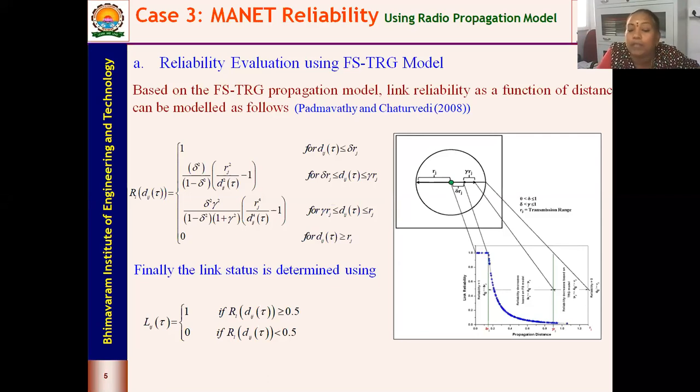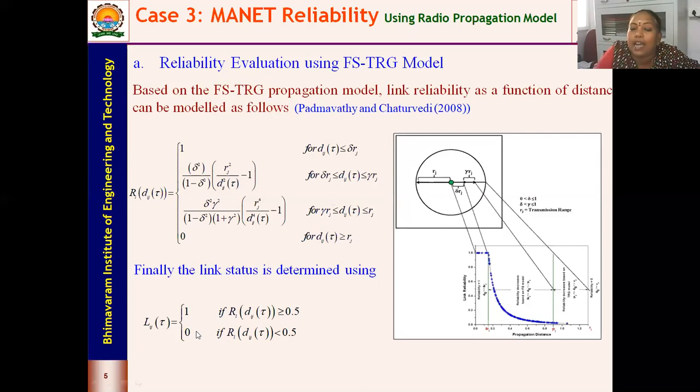So it could be 0.9, it could be 0.8, it could be 0.2, it could be 0.5, etc. So here I am just taking a threshold value, and I am defining that if the link reliability of the particular distance, say the distance between node 1 and node 2 is equal to 0.6, node 1 and node 3 is equal to 0.2, node 1 and node 4 is equal to 0.5, let me assume. So here, if the value is greater than or equal to 0.5, you take it as 1.